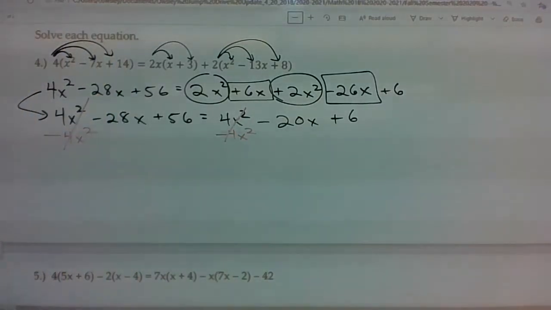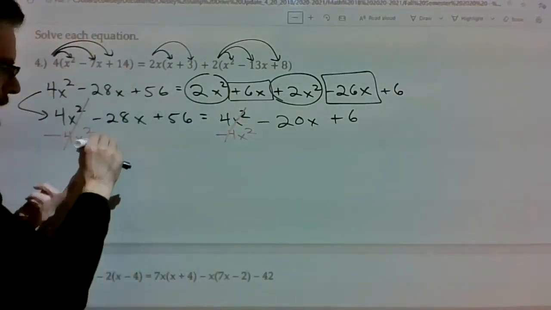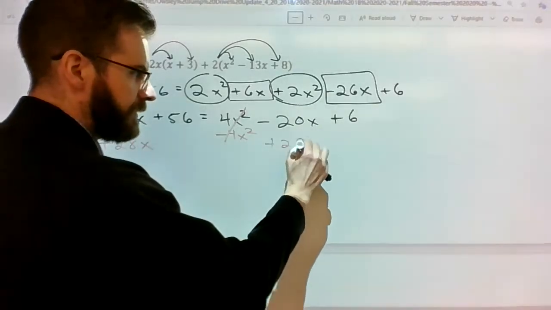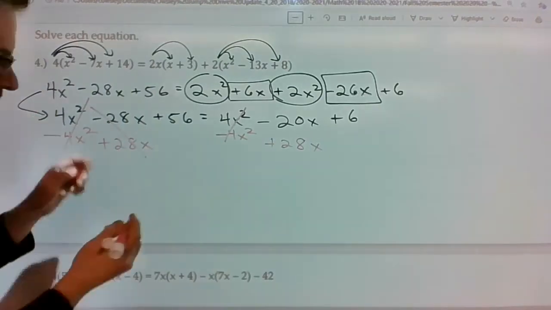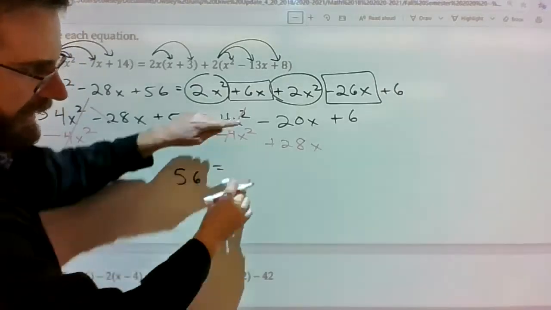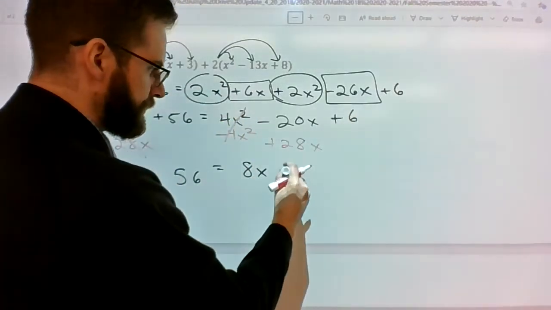Now, I can get the x terms together too. I'm actually going to add 28x here. All right, so that gives me 56 on the left equals negative 20 plus 28. That's going to be 8x plus 6.